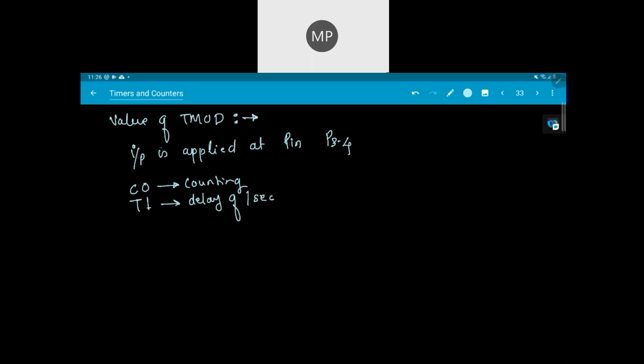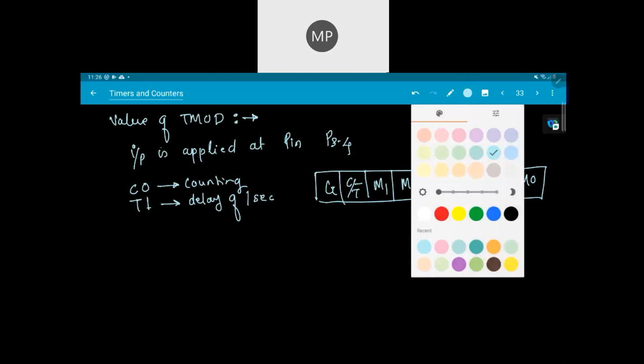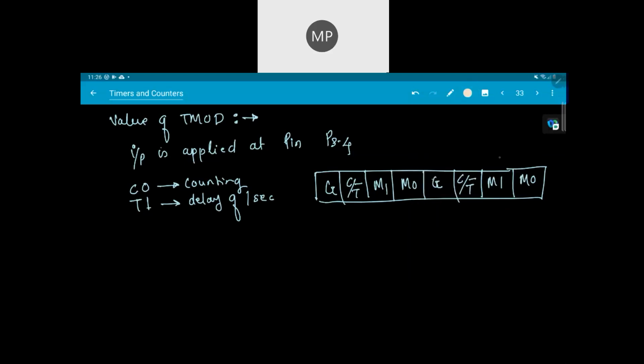So based on this we have to select the value of TMOD. So basically what is TMOD? This is M0, M1, C/T bar, then GATE. Now we need C0 for counting, so this is for counting, right? So let's first select how to do the counting.